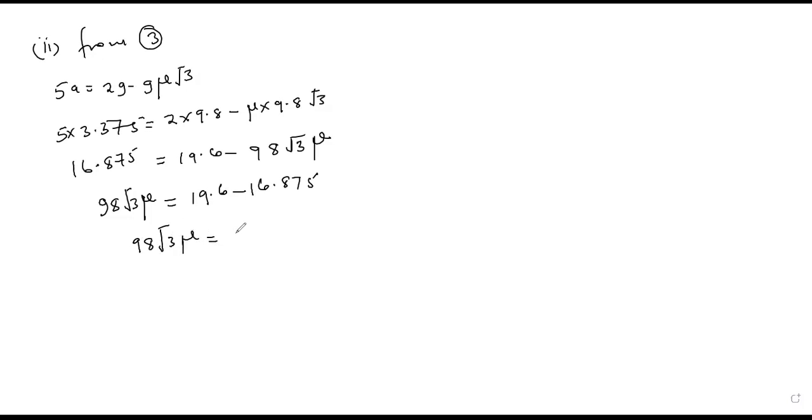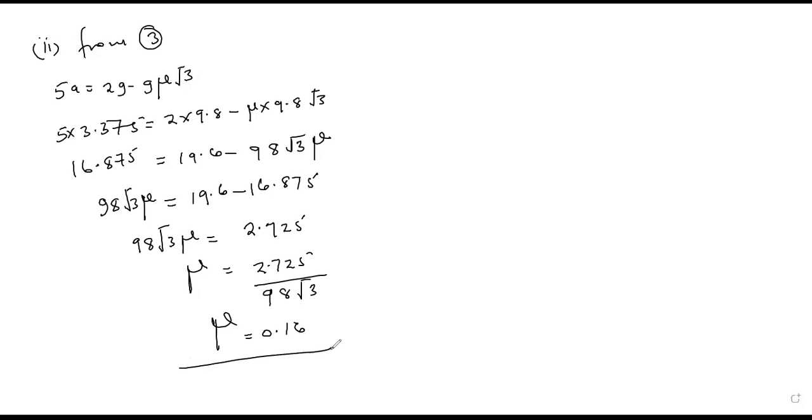It's going to be equal to 2.725. I think that my mu is going to be 2.725 divided by 9.8 root 3. So our mu is going to be 0.16.